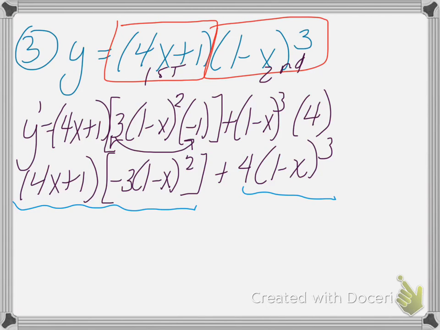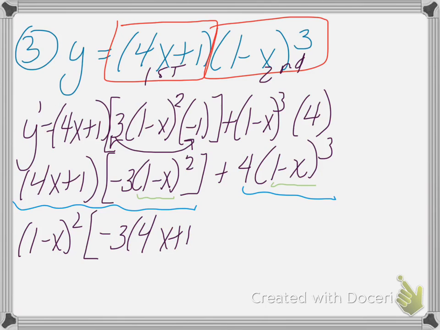And in each term, hopefully you're going to notice that there's a 1 minus x and a 1 minus x. So we're going to actually factor out a 1 minus x squared. When we do, we're left with a -3 and a 4x plus 1 from that first term. And from the second term, we're left with a 4 and a 1 minus x.